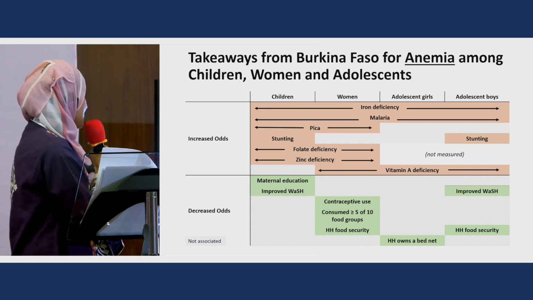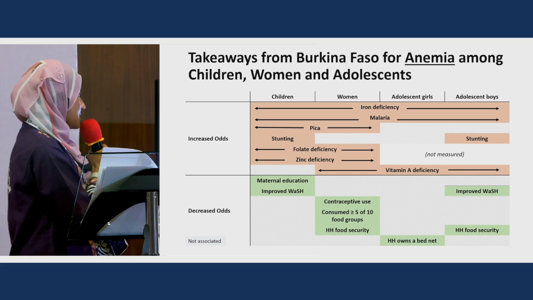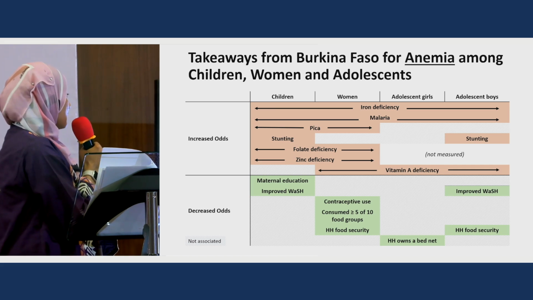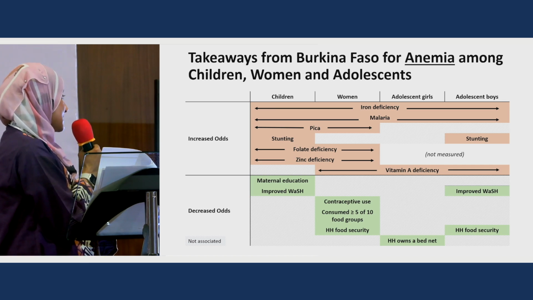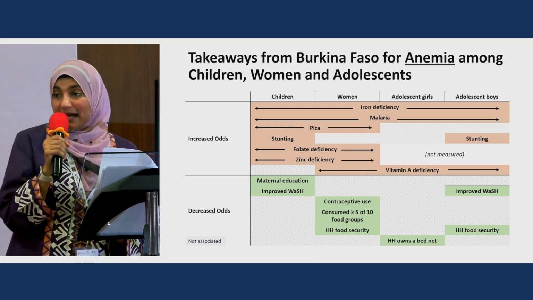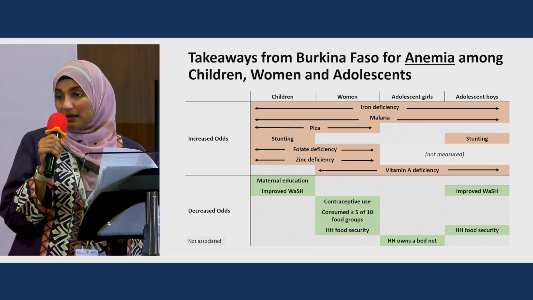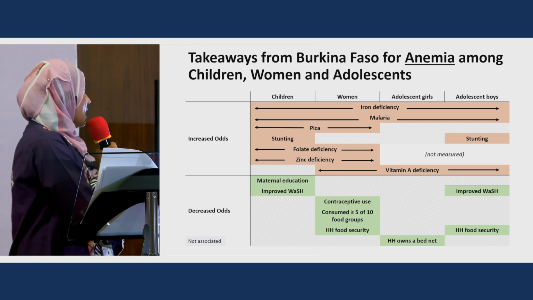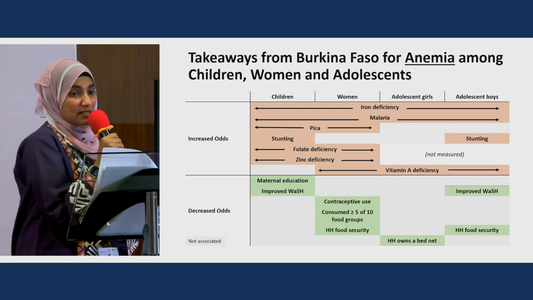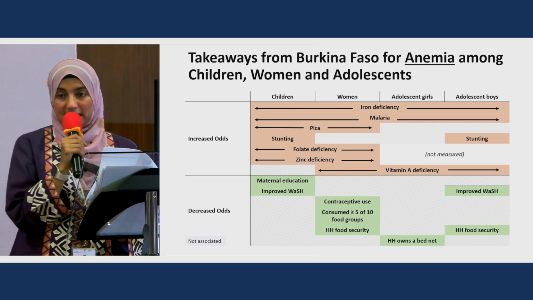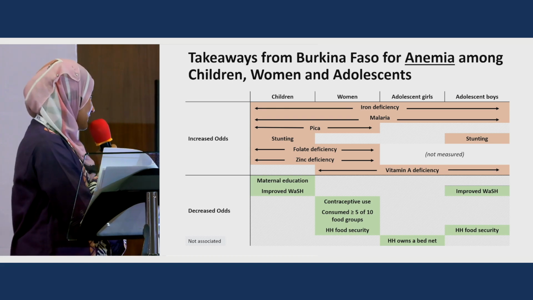We also saw that pica was associated with higher odds of anemia among women and children. For both women and children, folate and zinc deficiencies were also associated with anemia. We couldn't assess that relationship among the adolescents because we did not collect that data. And finally, for women as well as girls and boys, vitamin A deficiency was also associated with anemia.